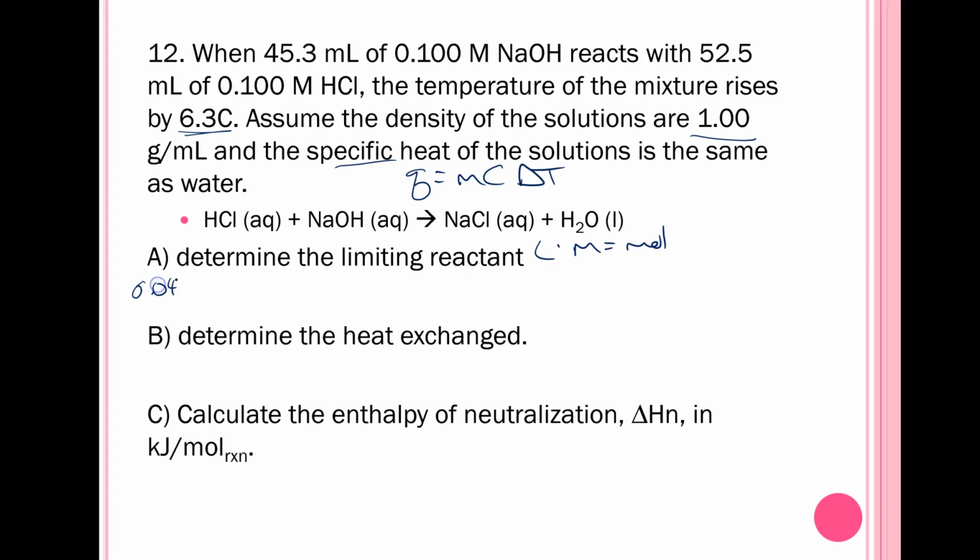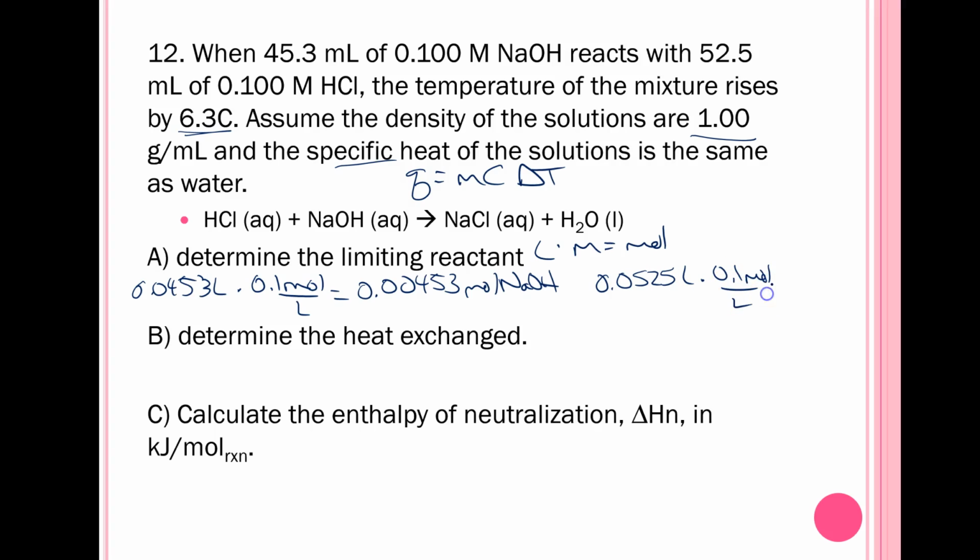So I have 0.0453 liters times 0.1 moles per liter. 0.00453 moles of NaOH. Do the same thing for the acid. NaOH is my limiting reactant because it's a 1-to-1 ratio.